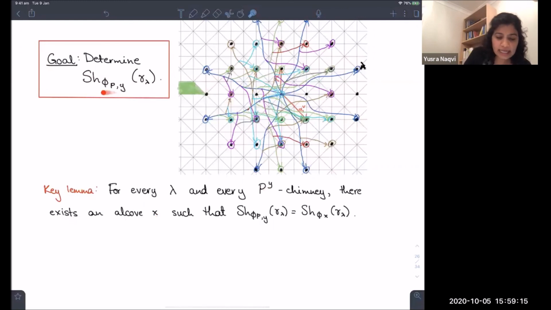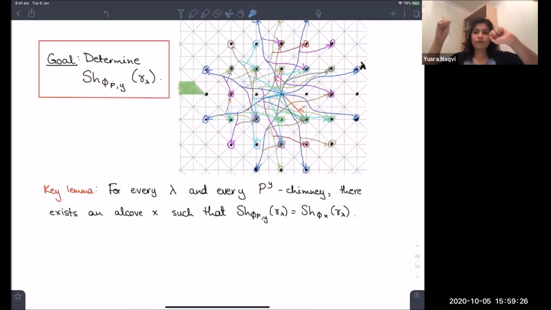So these chimneys I think of as going out infinitely long, but if I have a fixed starting point, so if I have a gallery that goes out to a certain place, then for that gallery, I can approximate that chimney orientation by looking at an alcove orientation using an alcove that's sufficiently far away. And so now I have a question about alcove orientations.